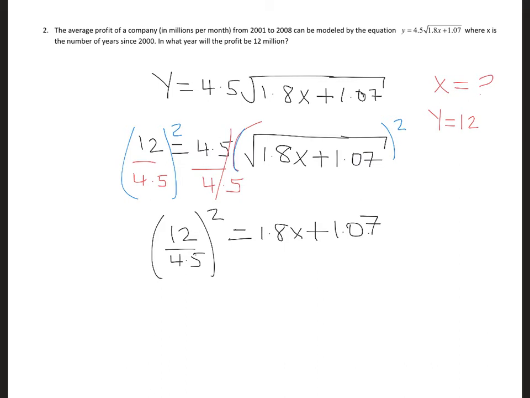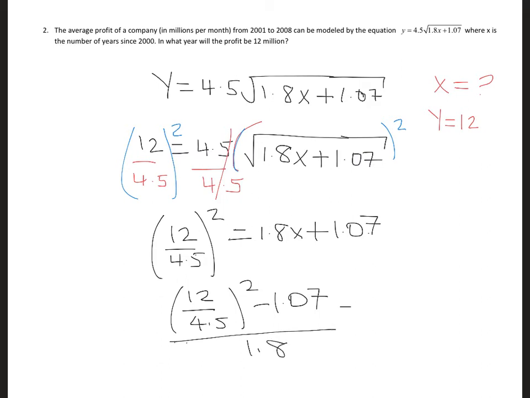And then here I'm going to have 12 over 4.5 squared. I subtract 1.07. And then whatever I get, I'm going to divide by 1.8, which is equal to x.